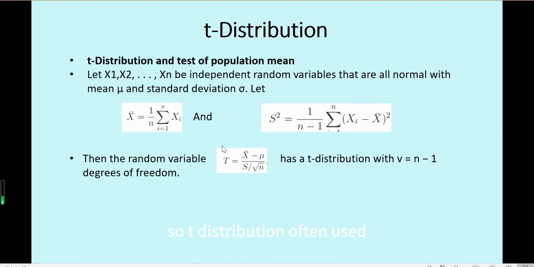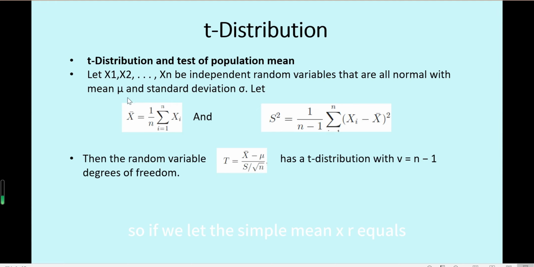So the t-distribution is often used with a small random sample to estimate or do hypothesis testing for the population mean. Say x1, x2, ..., xn are random variables from a normal distribution with mean mu and standard deviation sigma.